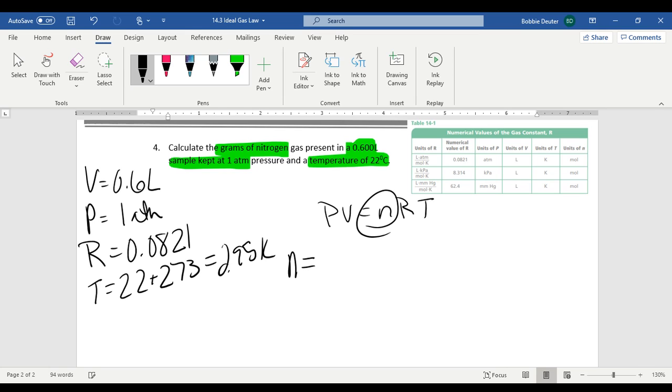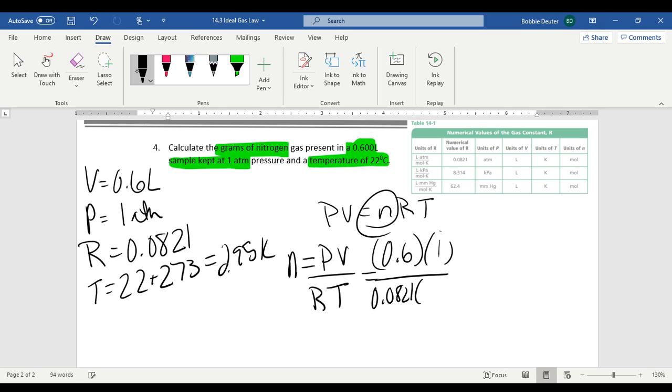So n is going to be set equal to PV over RT, giving us a volume of 0.6 liters times 1 atm, all divided by our constant R of 0.0821 and a temperature of 295 Kelvin. Our n in this case is 0.0248 moles, and we know nitrogen gas is a diatomic as N2.